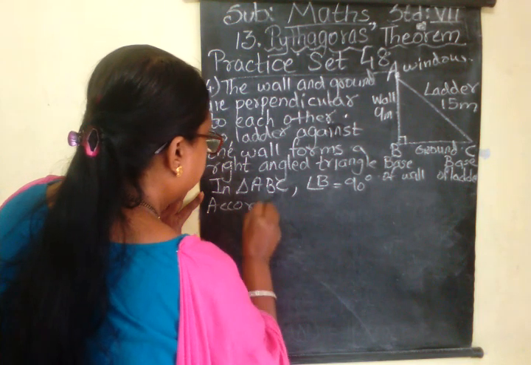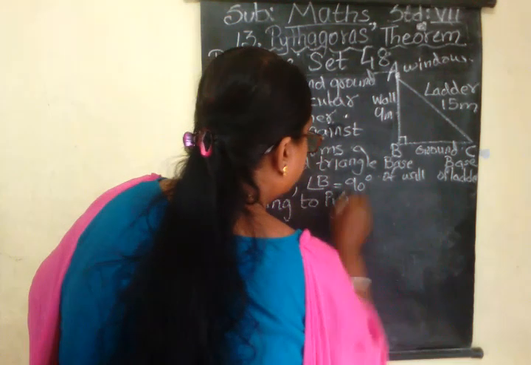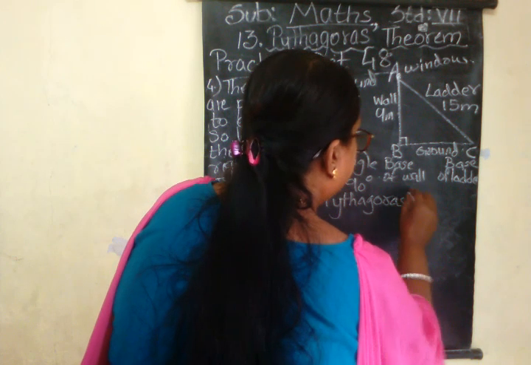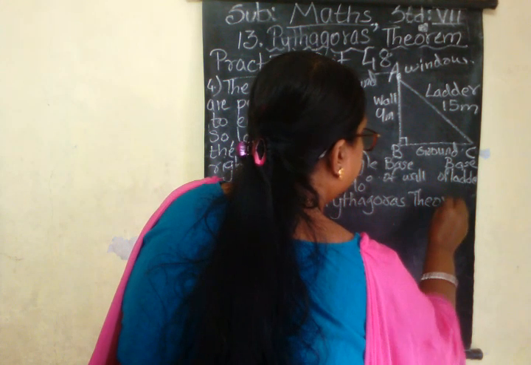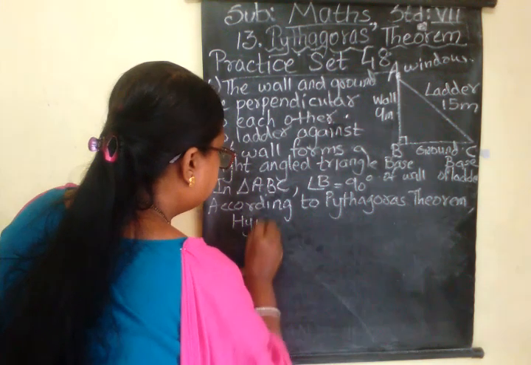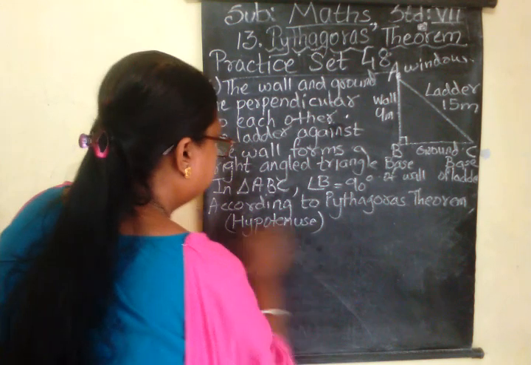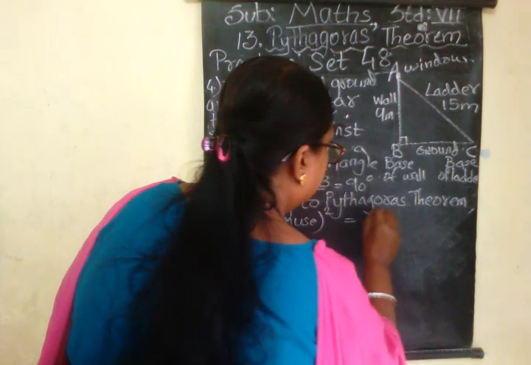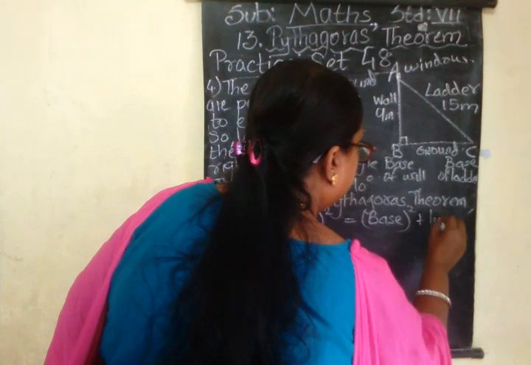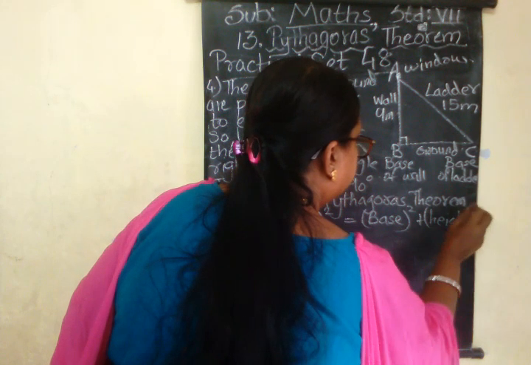According to Pythagoras theorem, hypotenuse square is equal to base square plus height square.